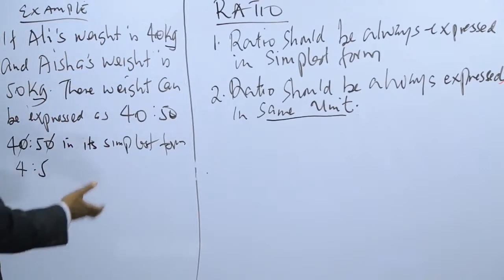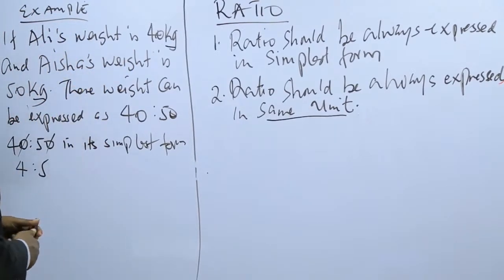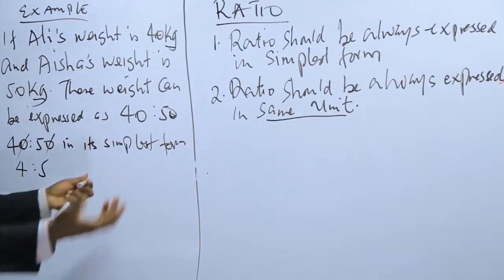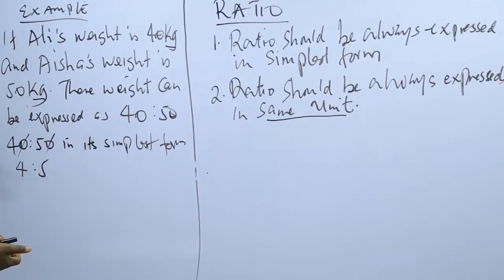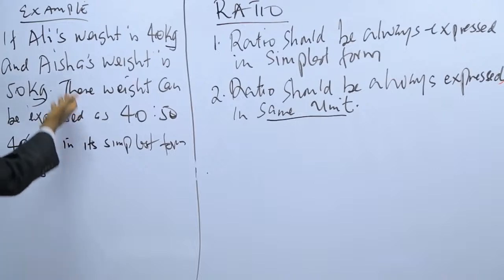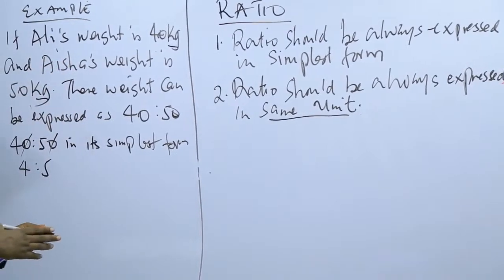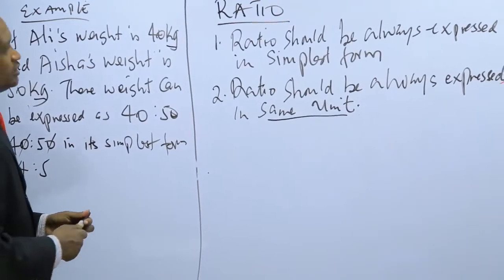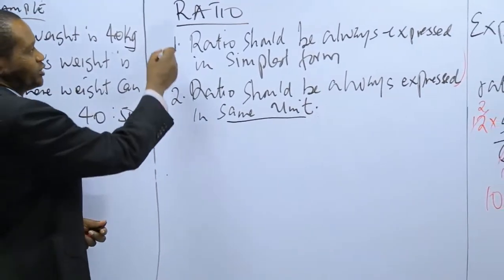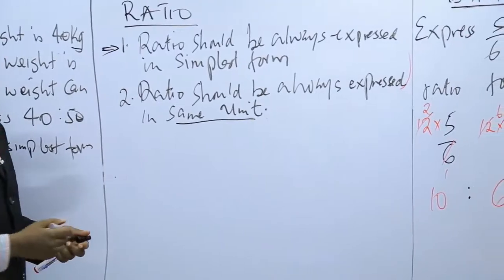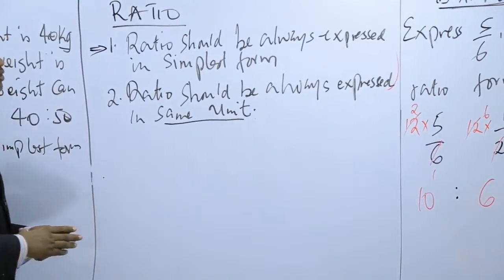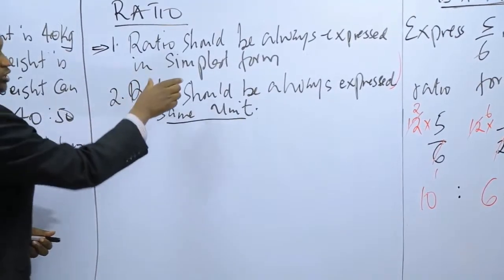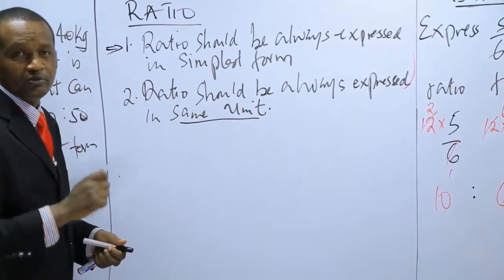And we've given examples of these relationships, all right? We started by looking at a relationship between Ali's weight and Aisha's weight. We went further and gave some important rules when working out ratios. We say that ratio should always be expressed in its simplest form.